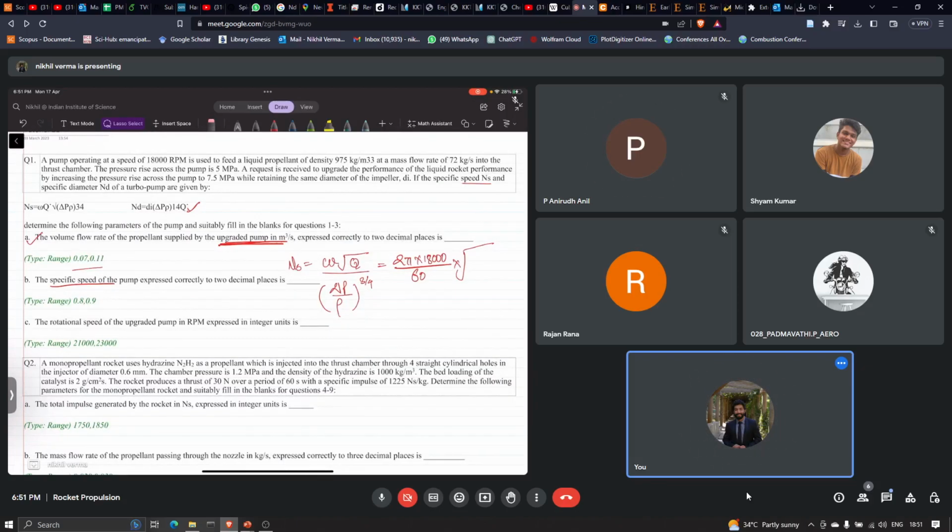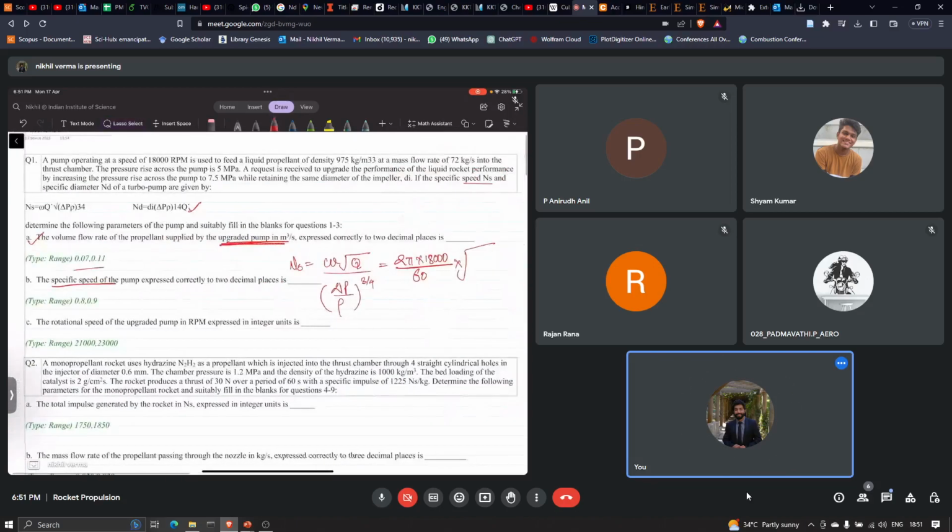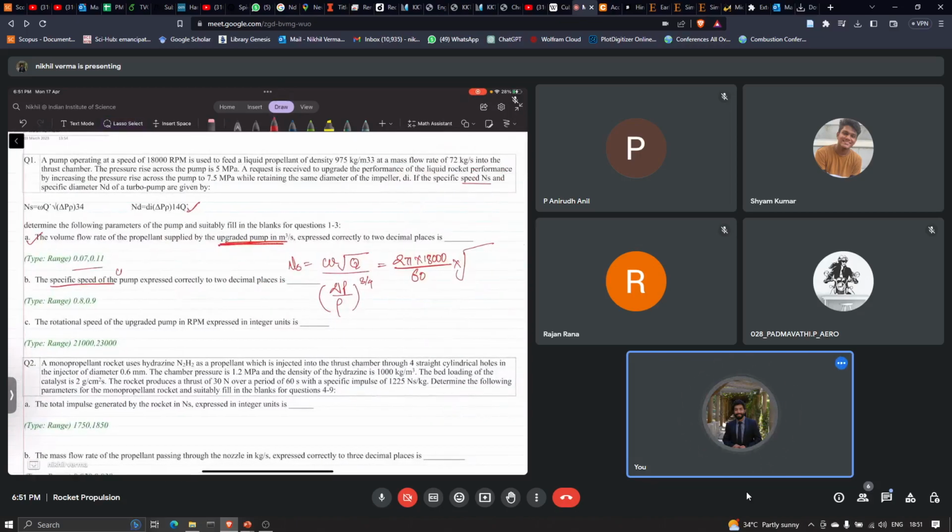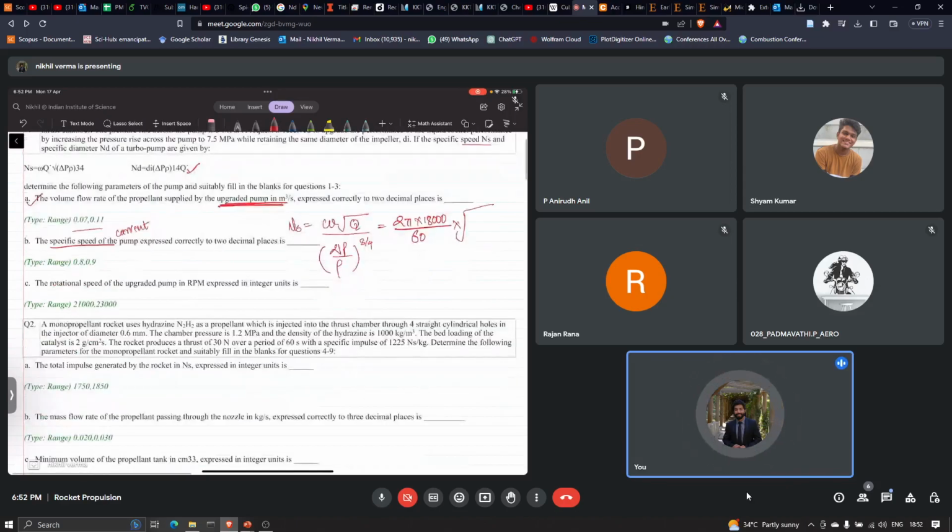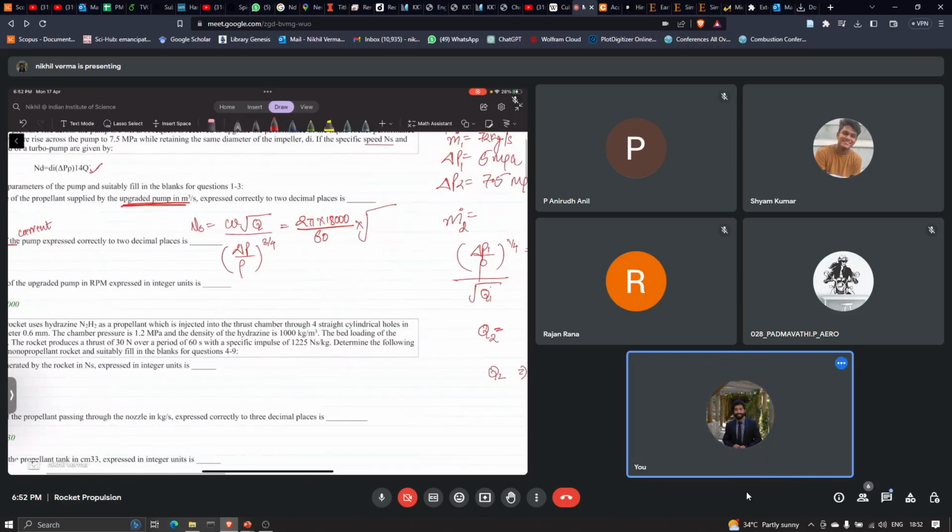This is for the current pump. If you substitute this, you will get the value as follows.